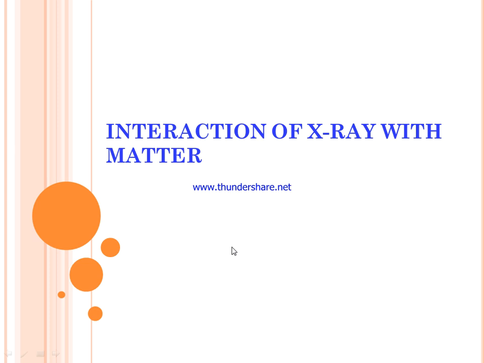Today we will discuss the topic interaction of X-rays with matter. So these are the topics. In this topic we cover 5 types of interaction of X-rays with matter. X-rays are emitted from an X-ray tube.